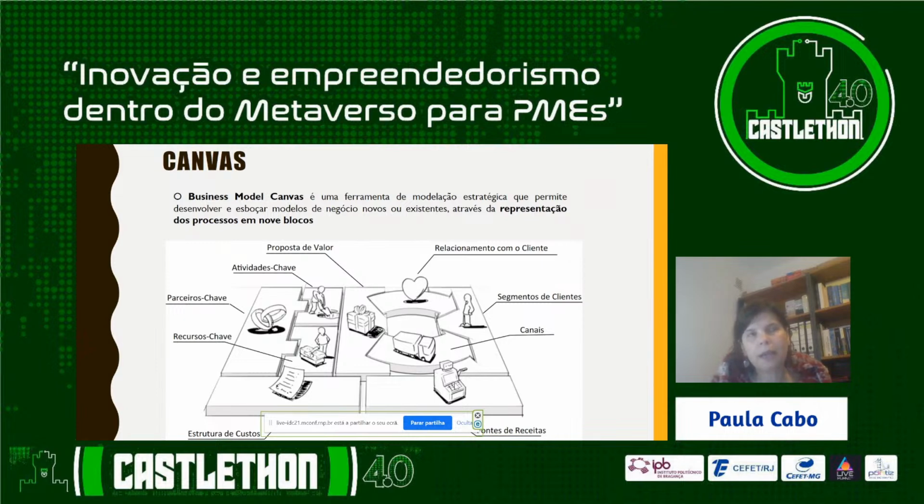So this is a graphical representation on how our business can be structured. So it's just a way we think about how we will operate our model, our business model.